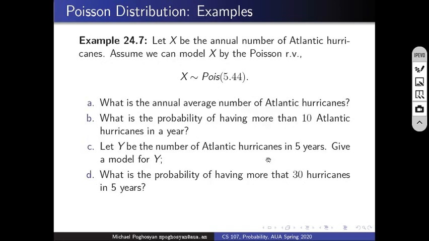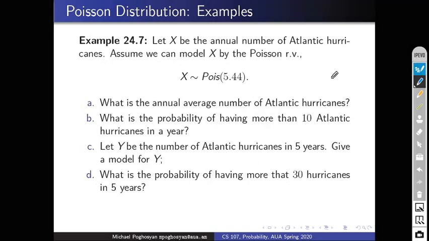So let's solve a problem of that type. Let X be the annual number of Atlantic hurricanes. Assume we can model X by a Poisson. Hurricanes are random events, so we can model them by a Poisson random variable. So X is Poisson with parameter 5.44.